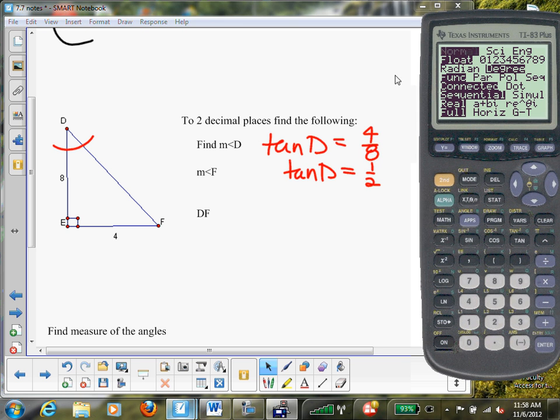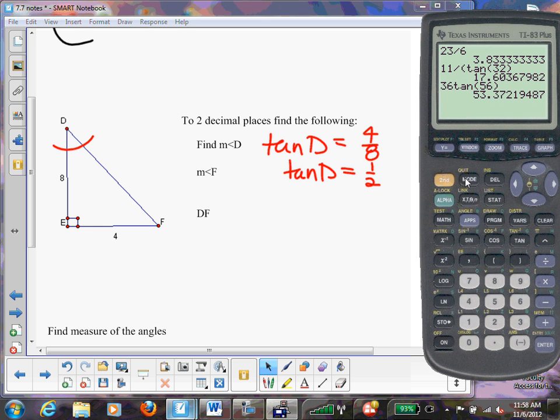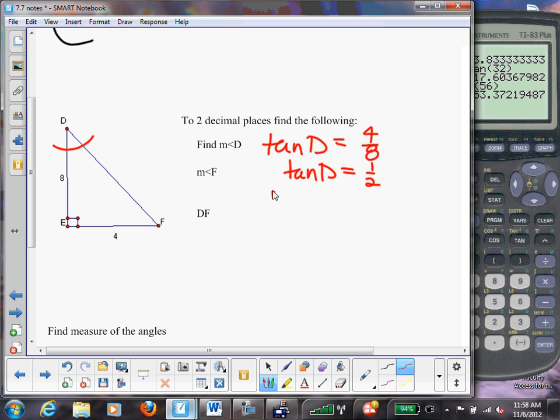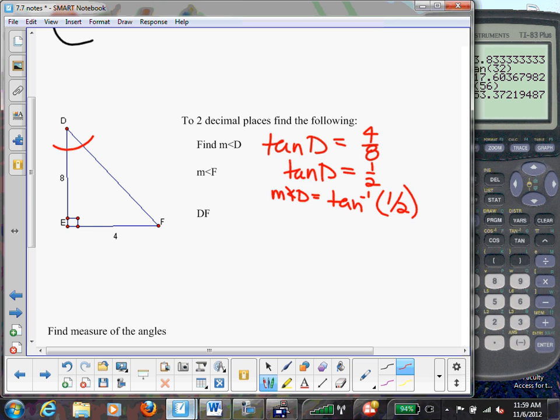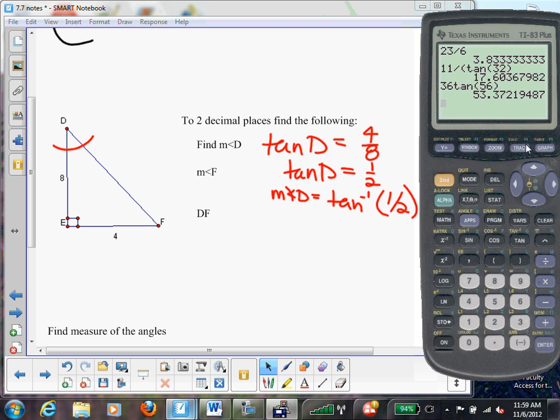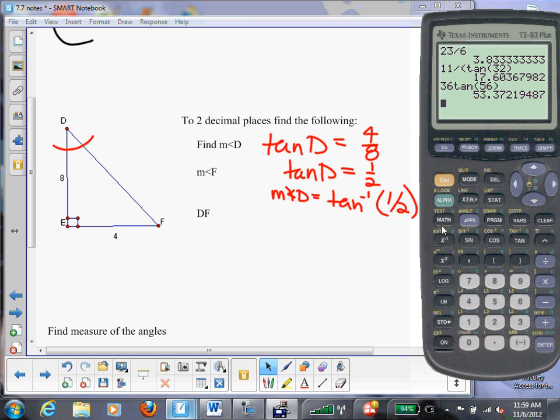Now this is what we're going to do. If I want to find angle D, then the measure of angle D will equal the inverse tangent of, notice I'm putting this in parentheses, 1/2. On my calculator I'm going to hit second, tangent, and then I'm going to put 1/2, I'm just going to write 0.5.